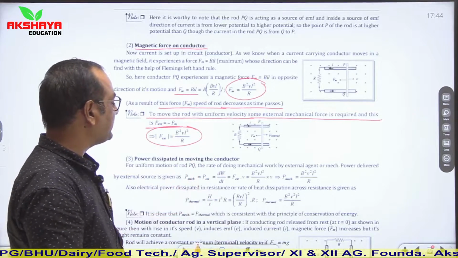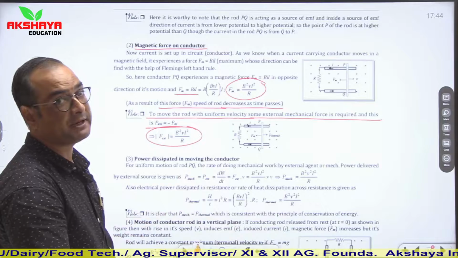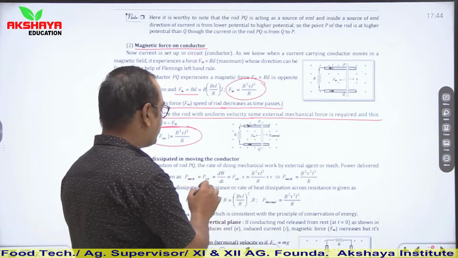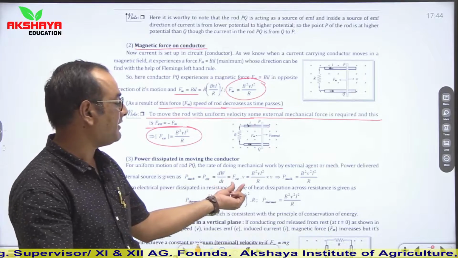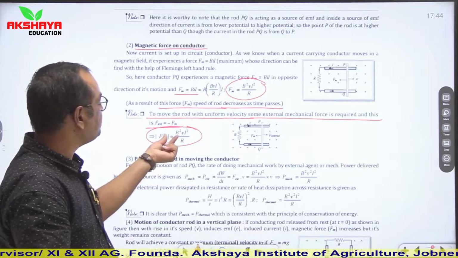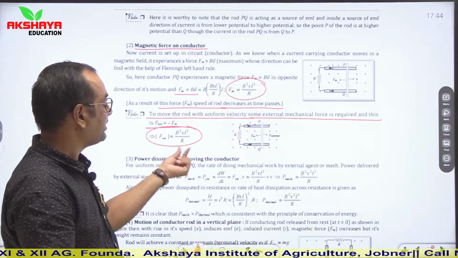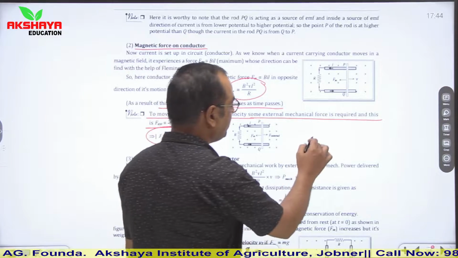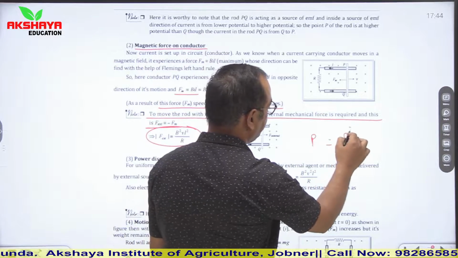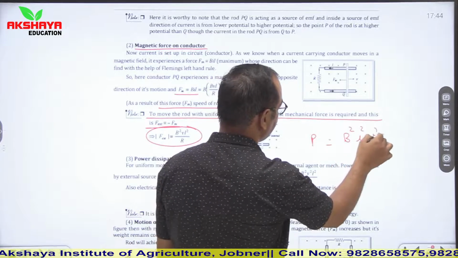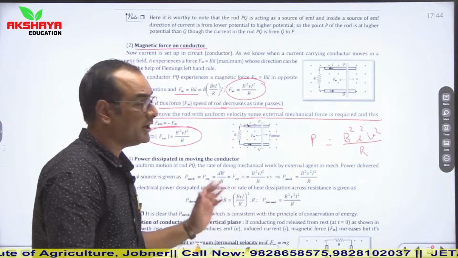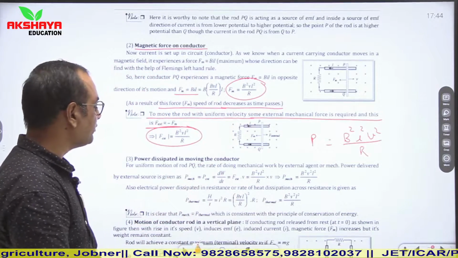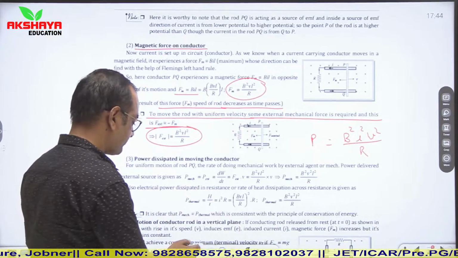Power dissipated in the conductor: if we talk about dissipated power, it can be calculated by dW upon dt. dW is F external into V. F external is B square V L square upon R, into V. So the power will be B square L square V square upon R. This is the power dissipated in the motion of this conductor in a uniform magnetic field.